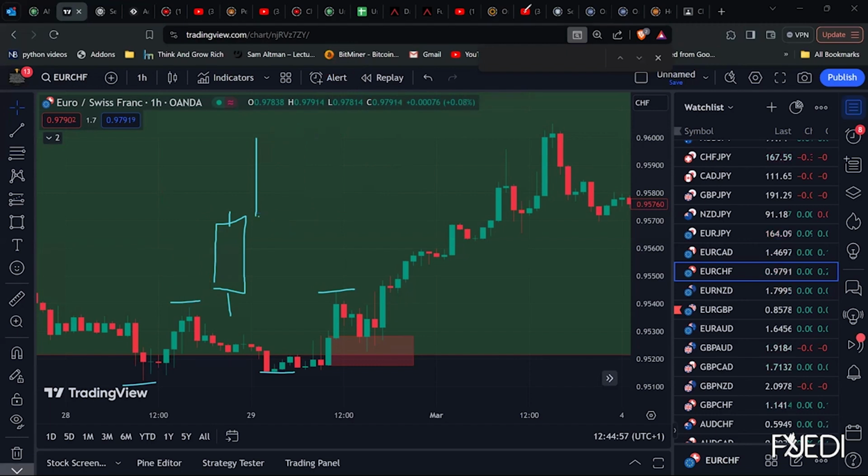Obviously, we first determine the overall direction of price. So don't just trade imbalances everywhere you see them. For instance, there's a bearish imbalance here. It doesn't mean that when price comes back here, we look to sell, right? Because we're looking for bullish opportunities, we are interested in trading bullish imbalances or order blocks.